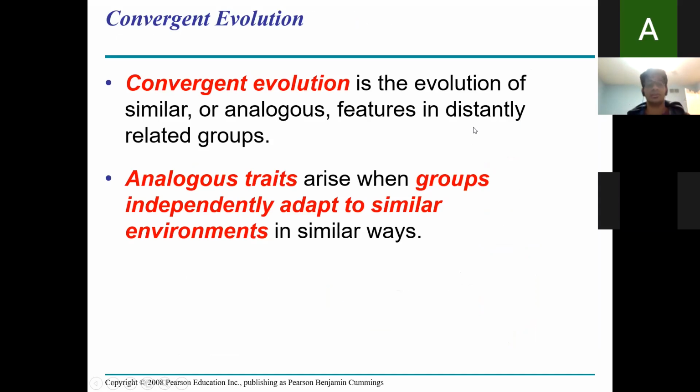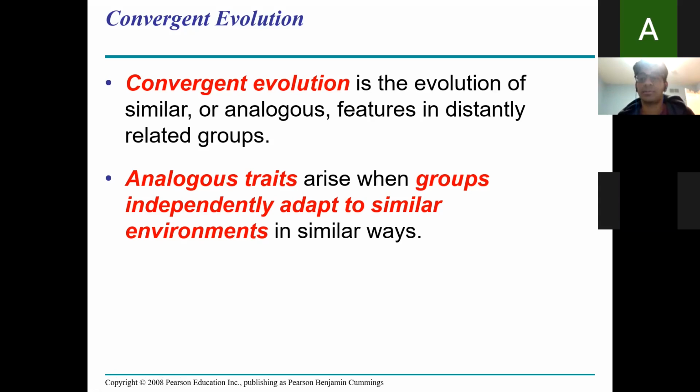Convergent evolution is just another way of seeing evolution work. Essentially you have two different species that develop a very similar trait, analogous traits, or you can say different groups independently adapt to similar environments in similar ways. A good example of this is birds and bats.